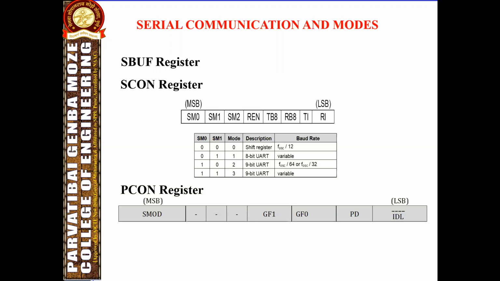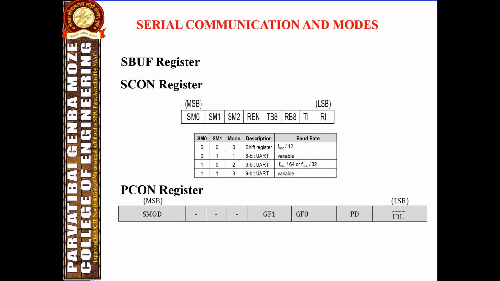What is the meaning of parallel communication? In parallel communication, the number of lines required to transfer the data depends upon the number of bits to be transferred simultaneously.